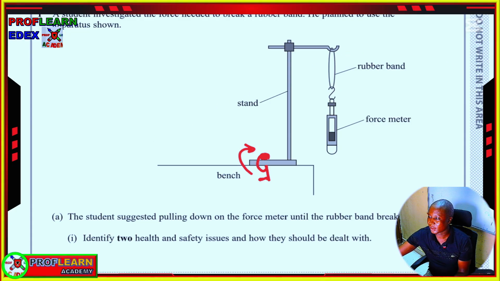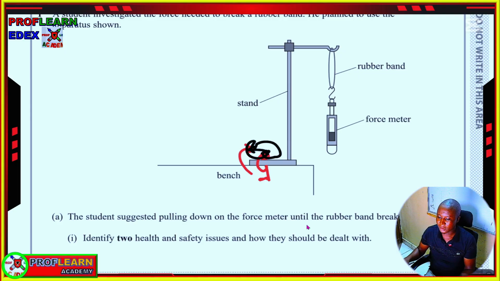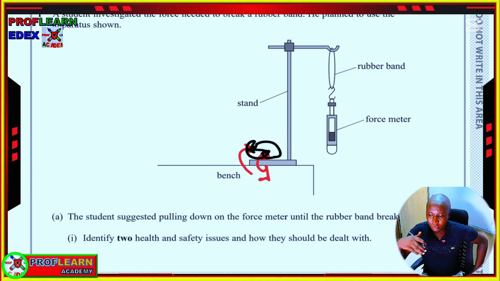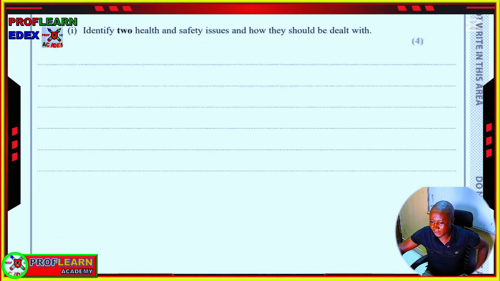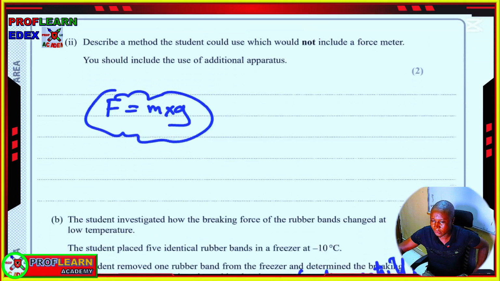Or you can even decide to bring a heavy mass on top of this so that you can maintain it and keep it intact. Those are some of the precautions that you need to identify. So based on the experiment that is given, you need to know how you are supposed to approach questions to do with safety precautions.